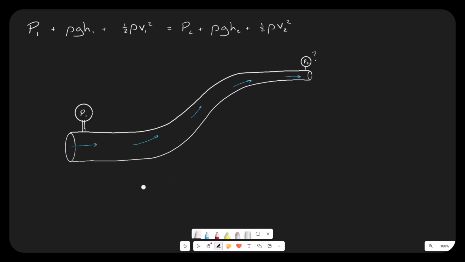So I'm going to need some values. First, an area. Let's have our area 1 here be 1/10 of a square meter. Let's have our area 2 up here be, I don't know, half of that.